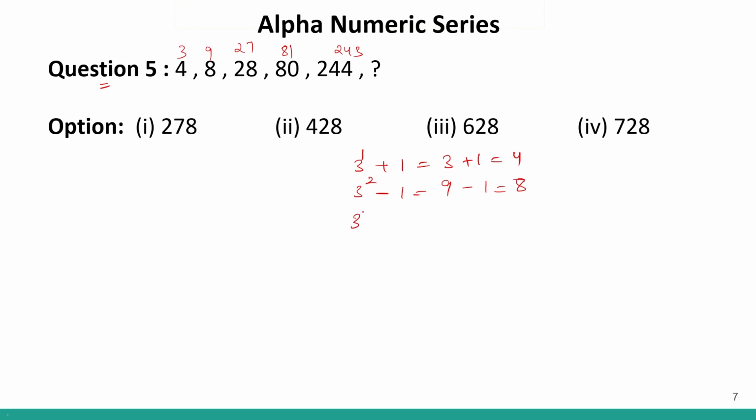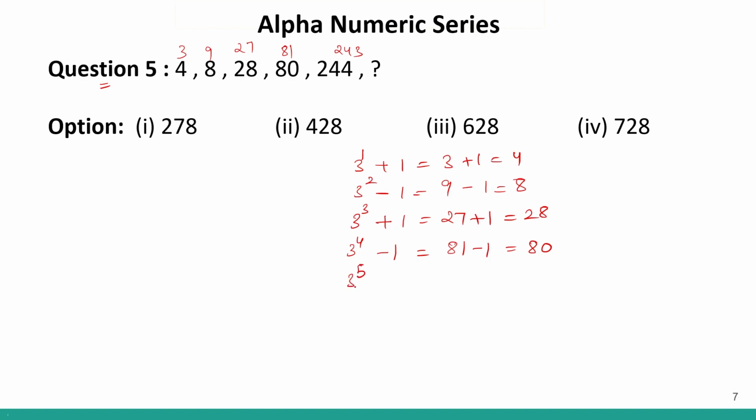Correct? Then 3 raised to the power 3 plus 1, so 27 plus 1 gives me 28. And if I look forward, 3 raised to the power 4 minus 1. 3 raised to the power 4, 27 into 3 will be 81, minus 1 will give me 80.